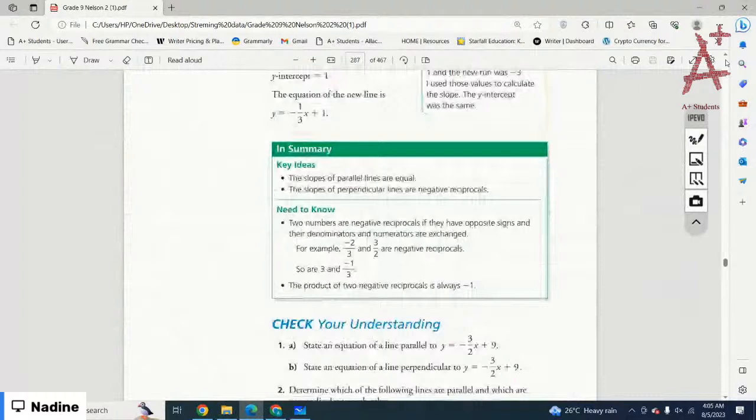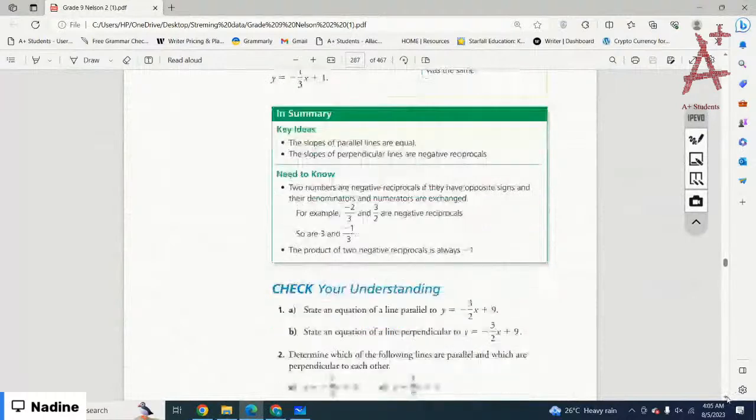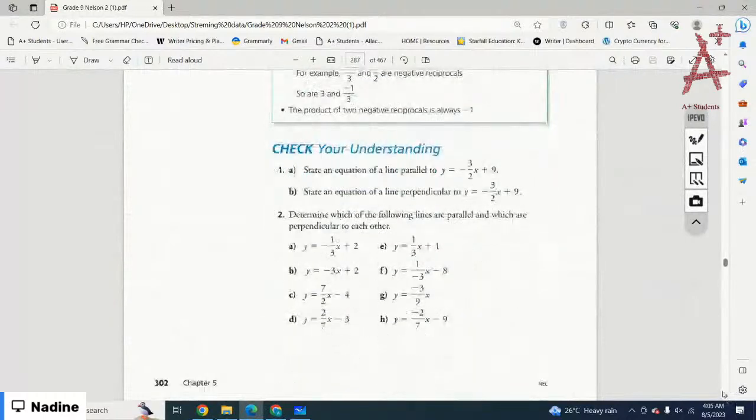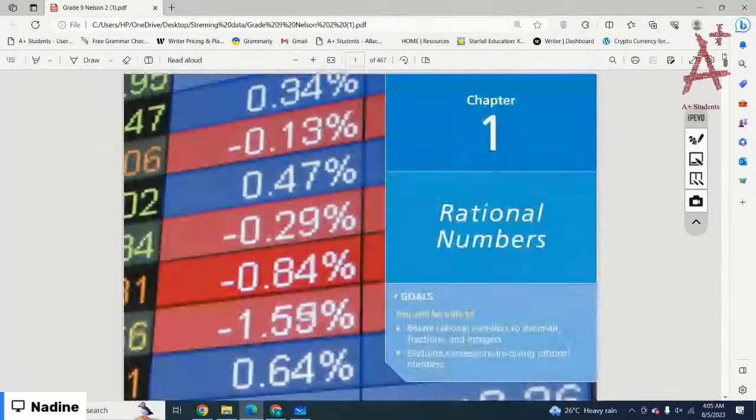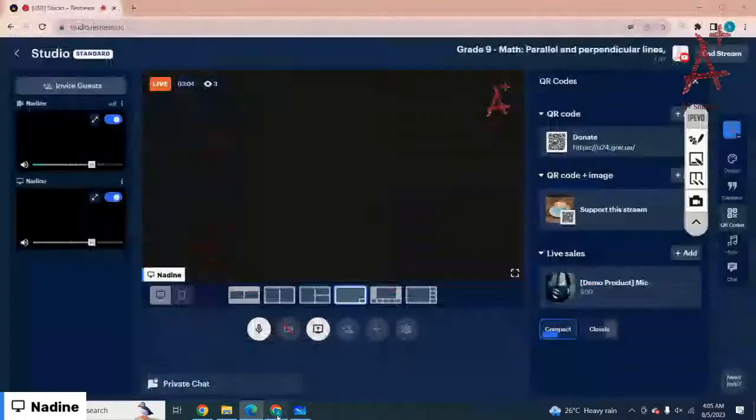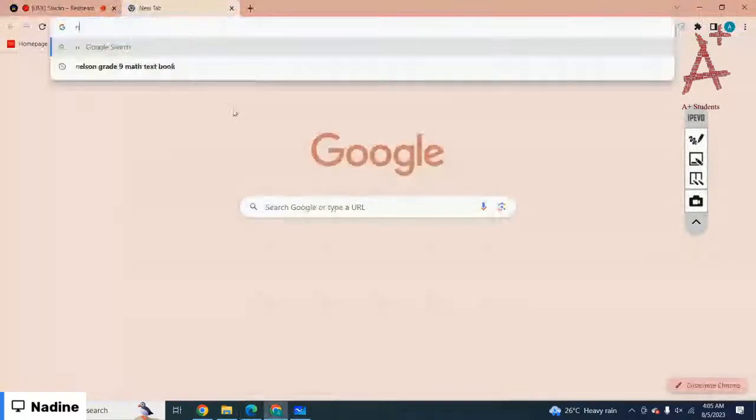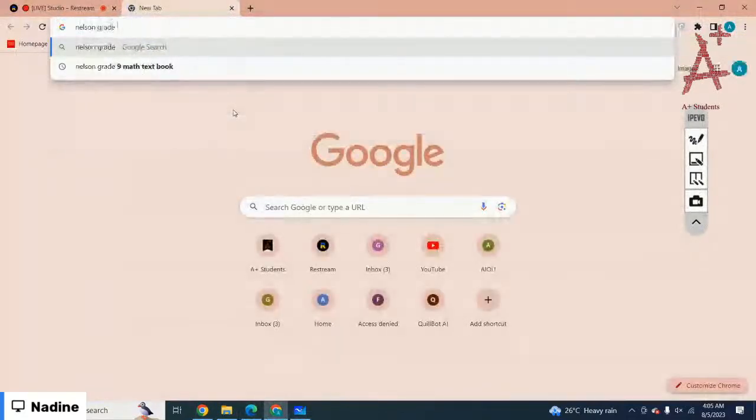you can find the book online, that is the Grade 9 Nelson book. Just write down the name, Grade 9 Nelson. Let me show you the first page of the book. Let me see, on page 32 you can see. Let me show you the book here, Nelson Grade 9 PDF.